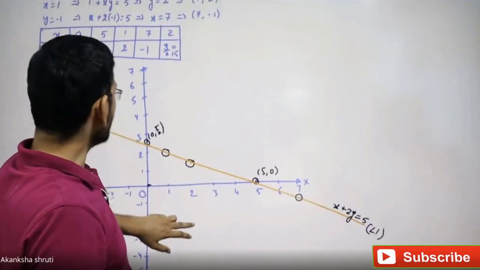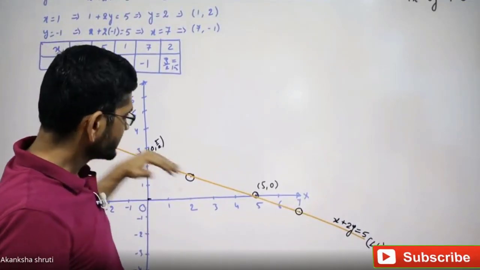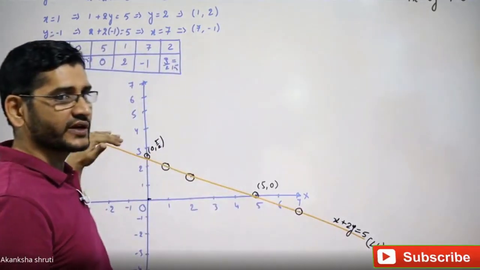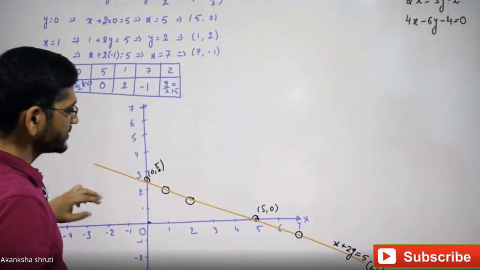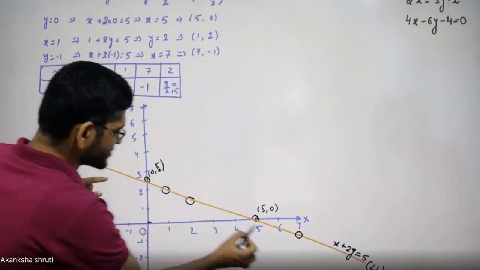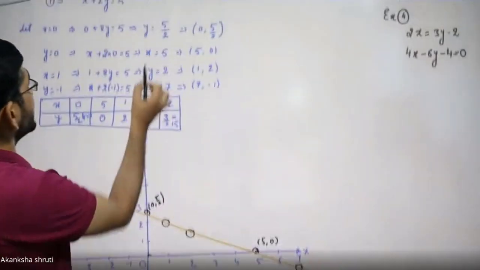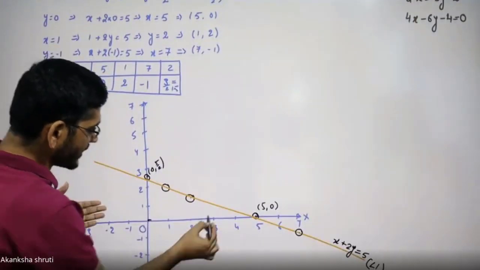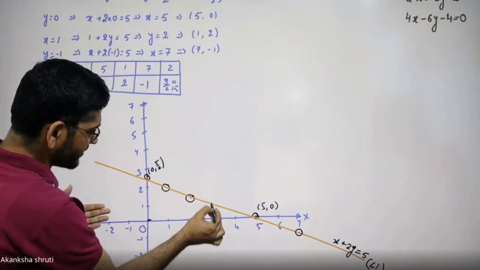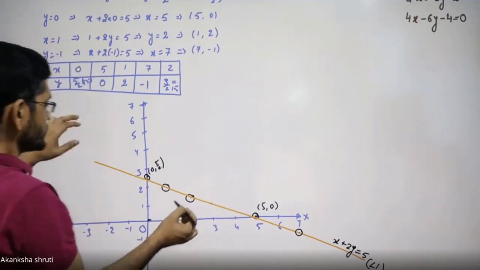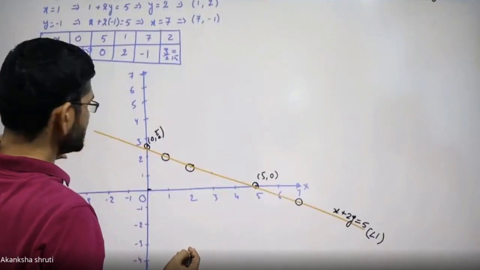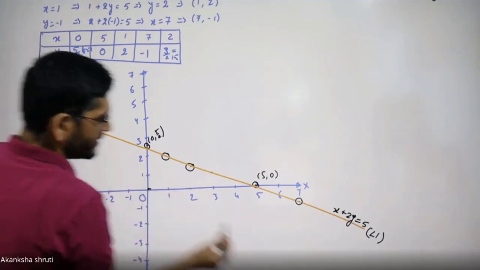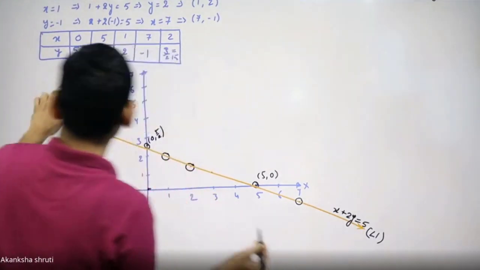So what we are observing from this is that the graph of a linear equation in two variables is a straight line, and all the points on this straight line give the solution of this equation. So whatever point you take, even at 3, it will give another solution this way. So this way we have drawn the line, or the graph, of one of the linear equations from the pair of equations.